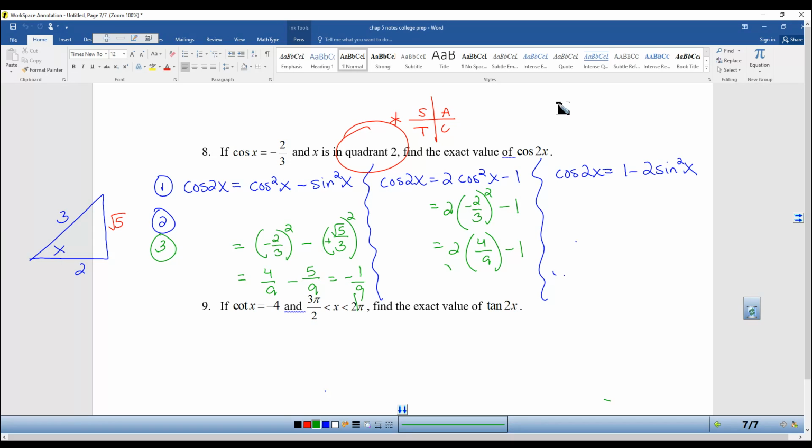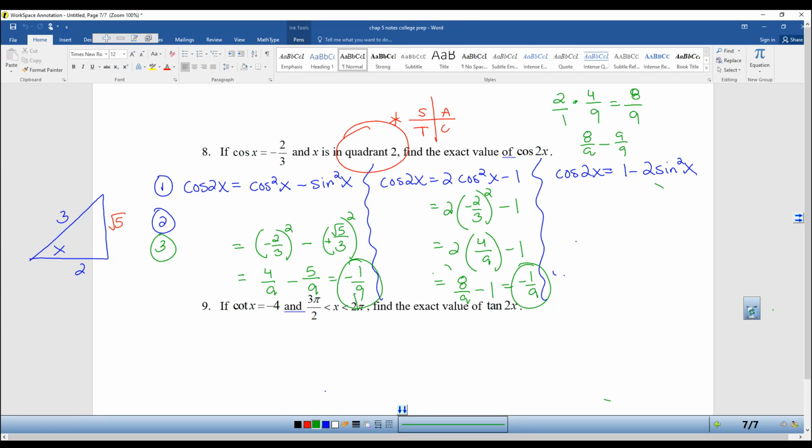In case you've forgotten, when you're multiplying a whole number by a fraction, the easiest thing to do is change the whole number to a fraction so that you can go straight across the top and straight across the bottom. So now I have 8/9 minus 1. You're going to have to change that 1 to 9/9. And then 8/9 minus 9/9 is negative 1/9, which is the same answer that we got before.